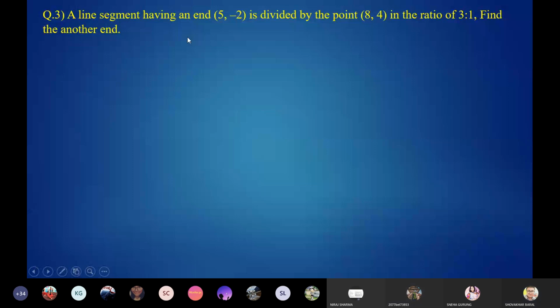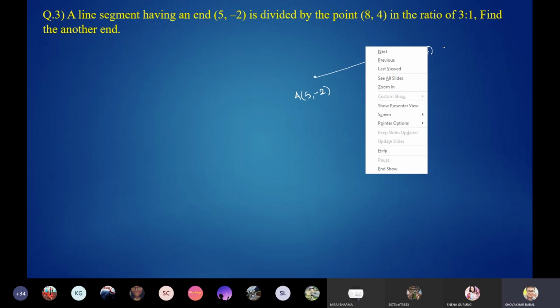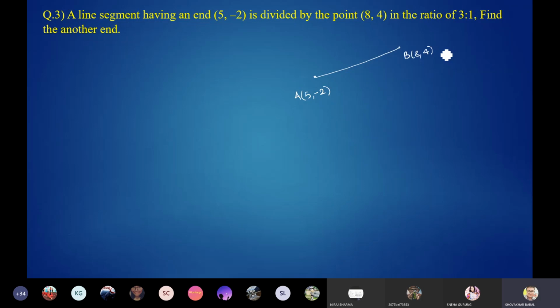Yes, sir. Okay, so let's make the figure at first. A line segment having an endpoint 5 comma minus 2. One is A (5, −2). The second point is B (8, 4). Sorry, let me read it again.